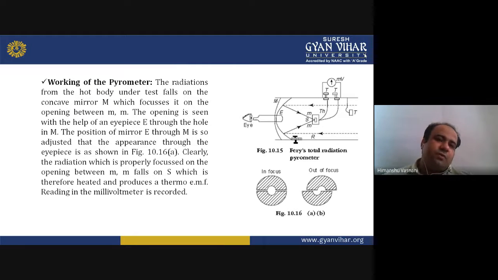Now the radiations from the hot body under test fall on the concave mirror M, capital M, which you can see in the diagram. It focuses them on the opening between the small m mirrors.